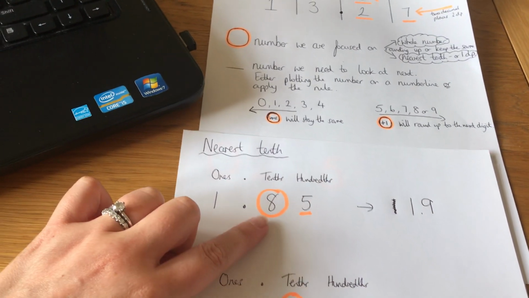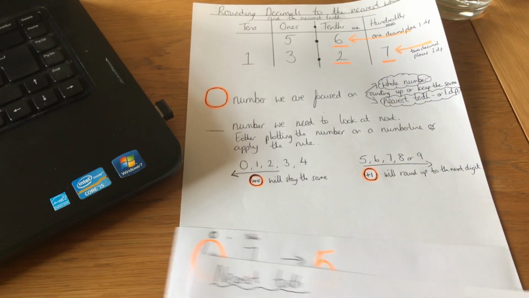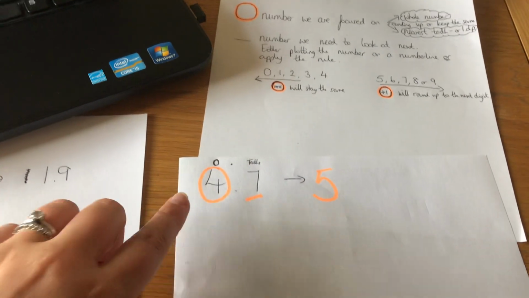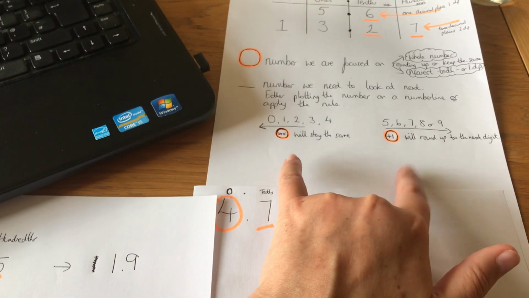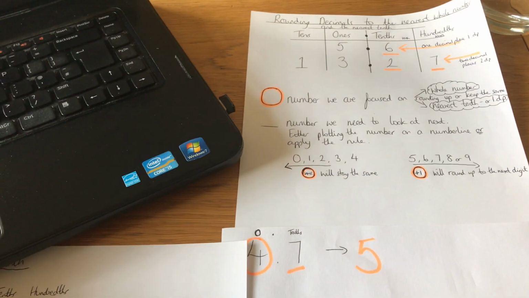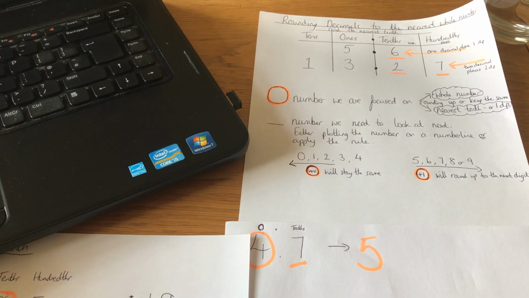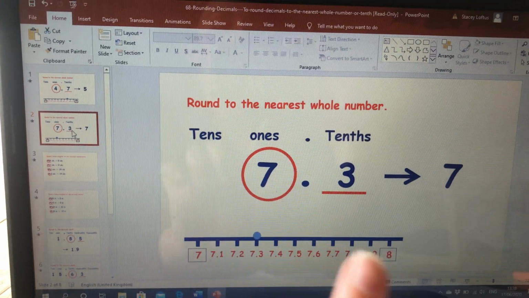But I do very much advise that you circle the number that you're rounding to, so the nearest tenth or the nearest whole number. Okay, and then you're applying this rule, it's really important. Or if you're not confident about that, then draw your number line and try and plot them for yourself and then see which side it is closest to.